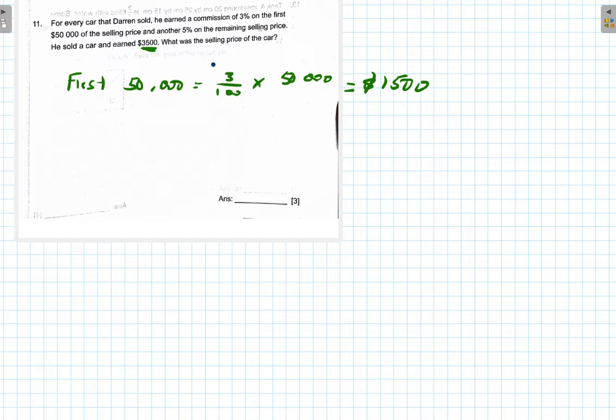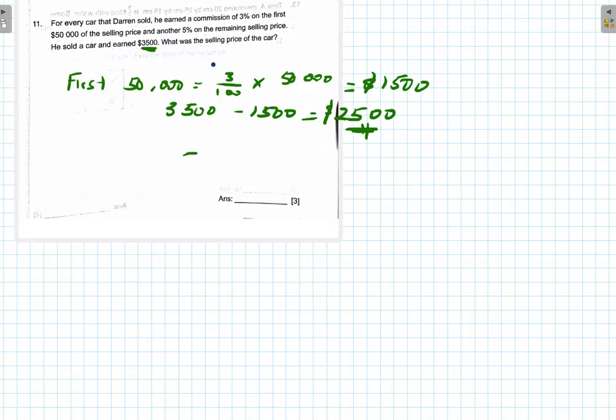Okay, so for the remaining, he earned 5%. So what is the remaining? If I earn 3,500 minus 1,500, which is for the first 50,000, I will have 2,500. And this is the remaining that I earn from the second portion.